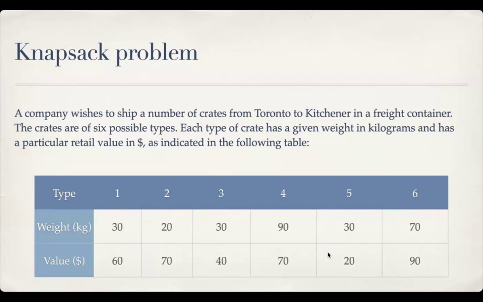Okay, so consider this problem: a company wishes to ship a number of crates from Toronto to Kitchener in a freight container, and there are 6 possible types of crates. Each type of crate has a given weight in kilogram and a particular retail value in dollars, which is shown in this table.